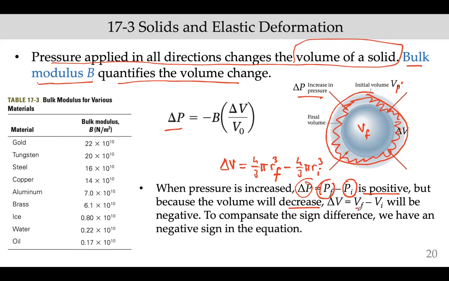If it's 5, the initial volume was more, let's say 7, so this is a negative number. So to compensate the sign difference, we have a negative sign in the equation. This negative sign is there because of the sign difference between delta P and delta V.